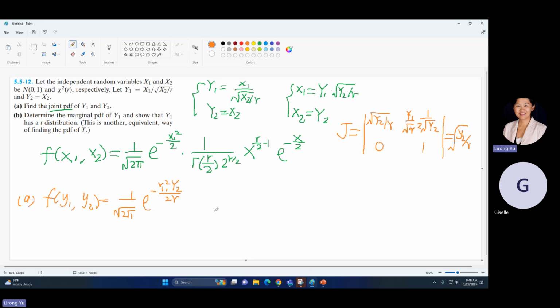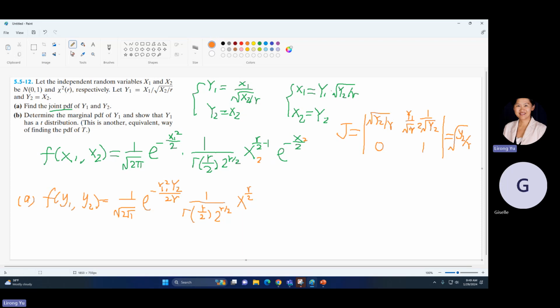So that's the e part. And there's no change to the denominator since they're just coefficients. It's supposed to be gamma r over 2, 2 to the r over 2, x to the power r over 2. This is x2.